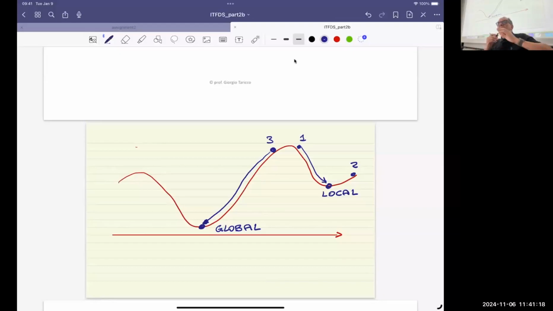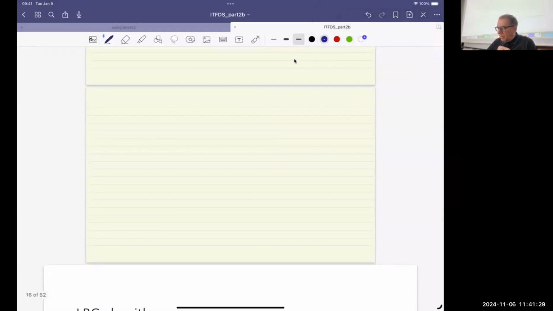There is no guarantee that we reach the global minimum when the function is very complex, because it may happen that we have some function looking like this.